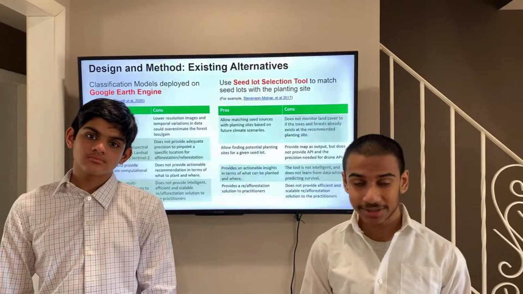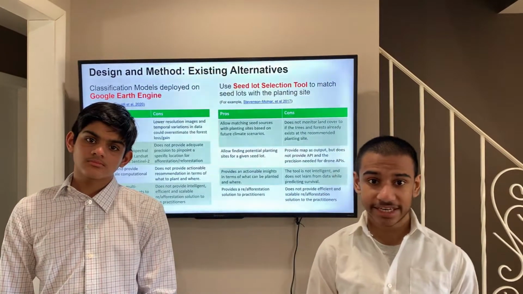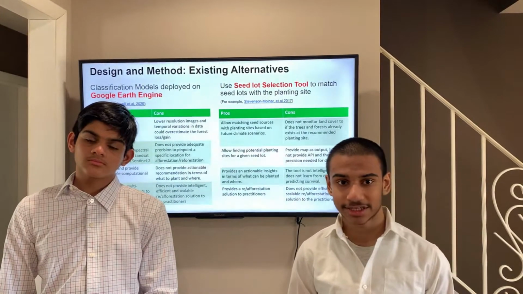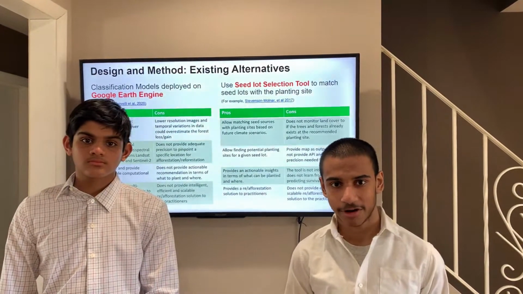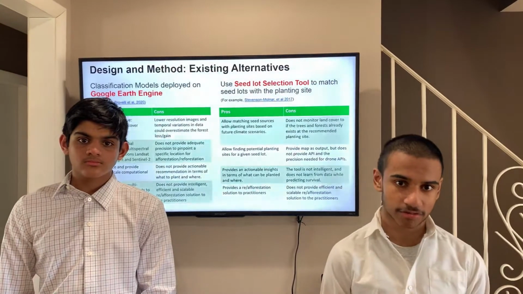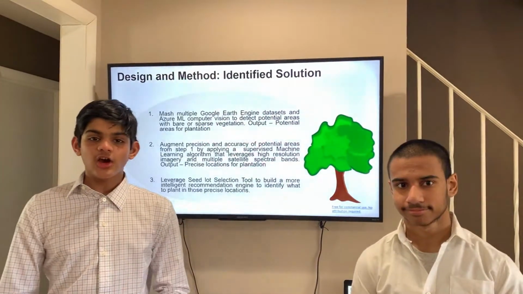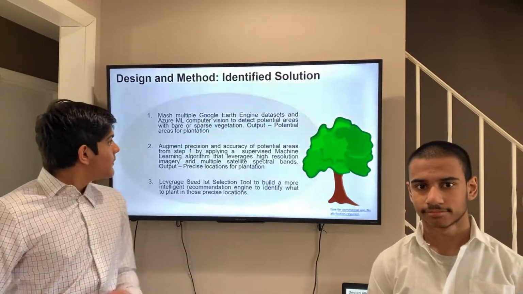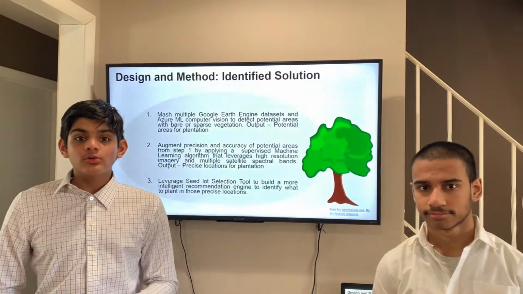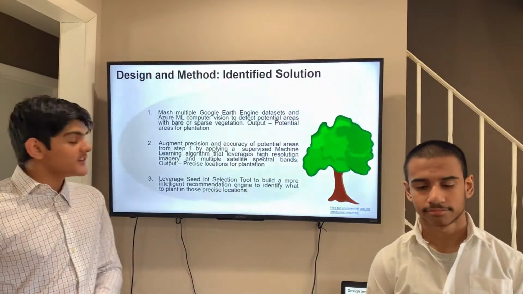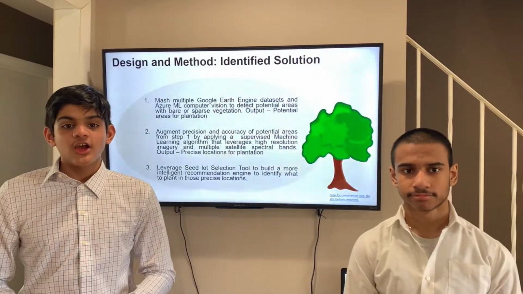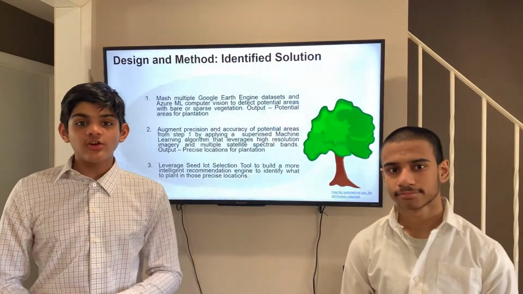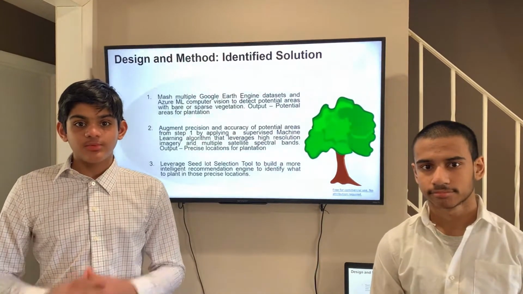Although it was a great starting point for future research, we realized we needed significantly more knowledge, due to the fact that climate is a moving target. We needed a radically new approach. So let's talk about our solution. Project Green mashes multiple Google Earth Engine datasets as well as Azure's computer vision machine learning algorithms to detect general areas where sparse vegetation is present.